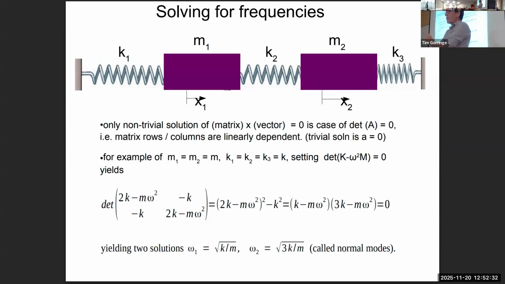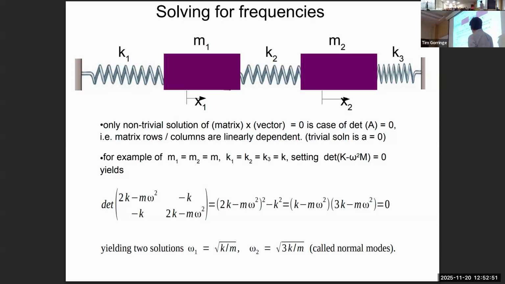Now, there are two ways that you can make the product of a matrix and a vector 0. With a 2x2 matrix and a two-element vector, there's a very trivial way, which is completely uninteresting to us.